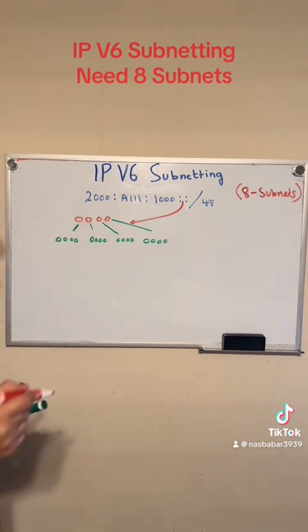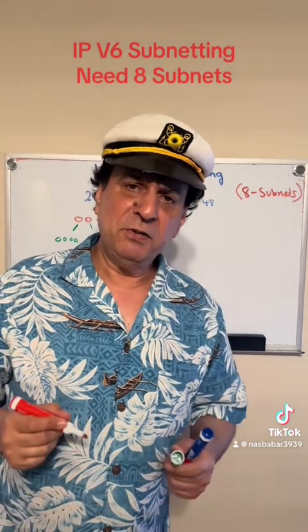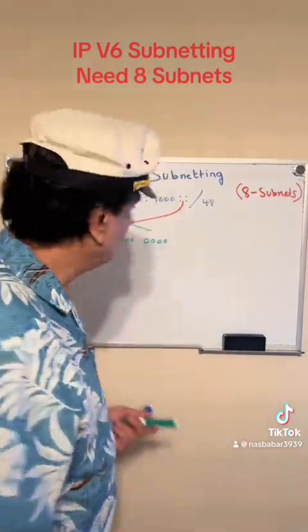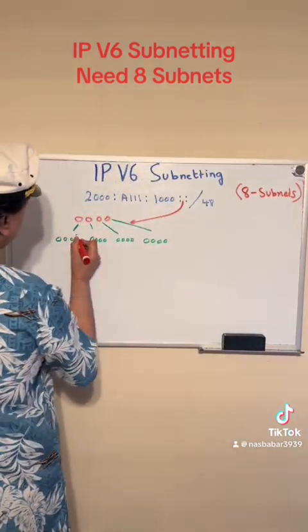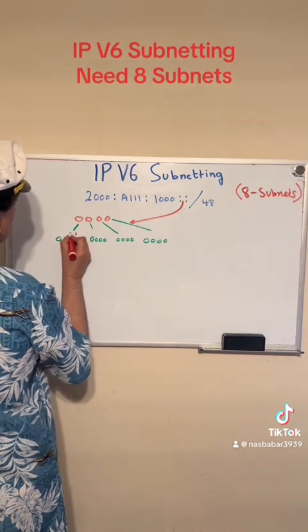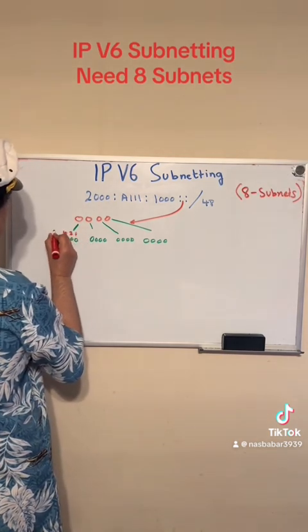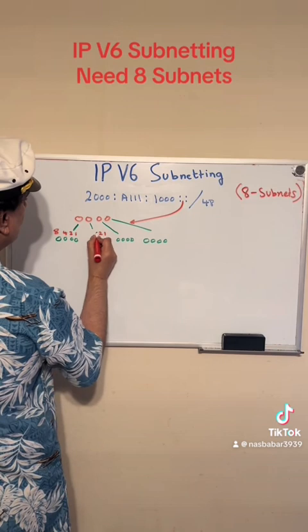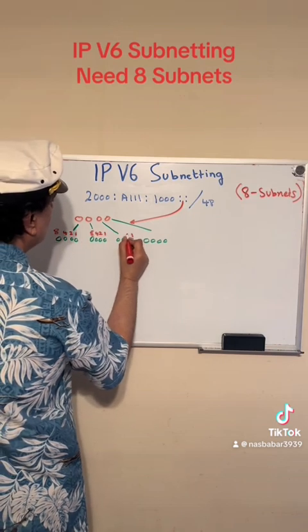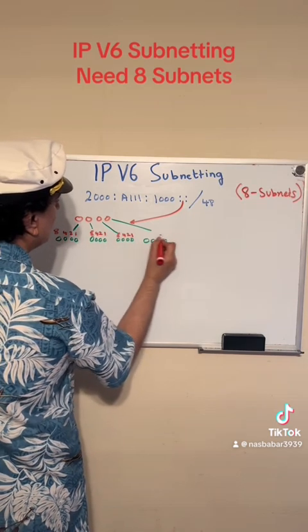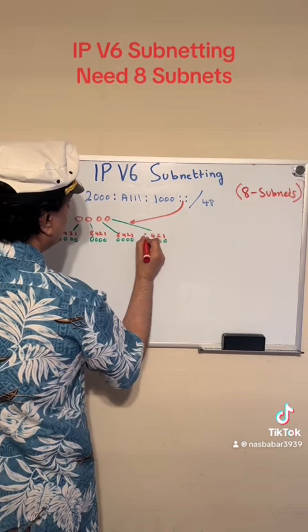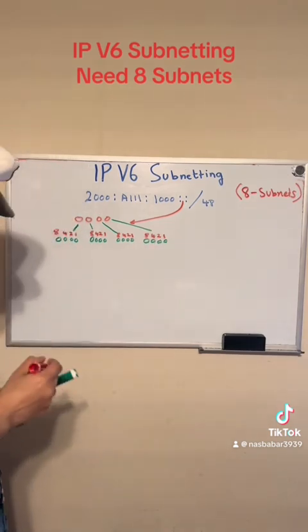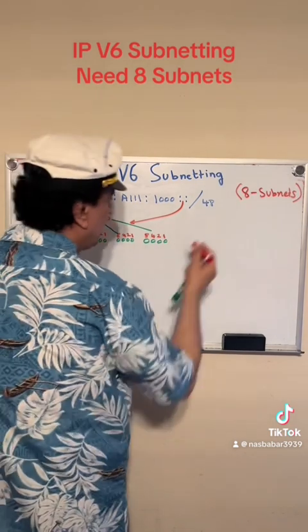Now, if you want to convert the binary numbers into decimal numbers, you remember this. We have 1, 2, 4, 8, 1, 2, 4, 8, 1, 2, 4, 8, 1, 2, 4, 8. Okay. So now we need 8 subnets.